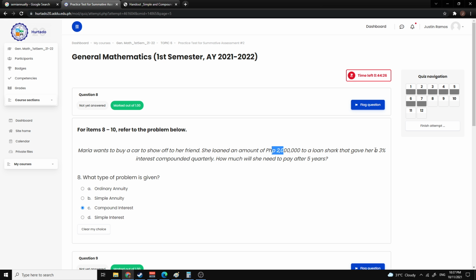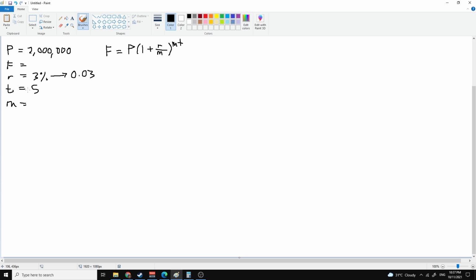And now a loan shark that gave her a 3% interest compounded quarterly. So quarterly in a year is 4. So our M value is going to be 4. So now we're trying to find the future value. So it's going to be our principal, right?